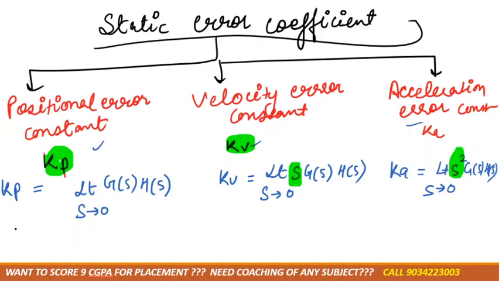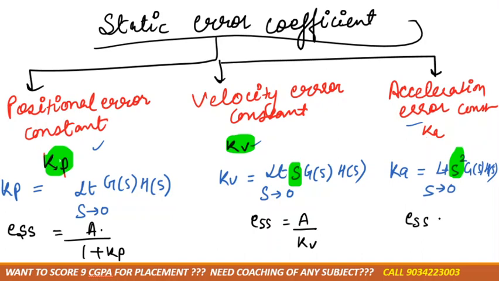Next, we need to calculate the steady state error, which is different for Kp, Kv and Ka. So we have the formula ESS equals A divided by 1 plus Kp, and for Kv we have ESS equals A divided by Kv, and for the acceleration error constant we have ESS equals A divided by Ka.